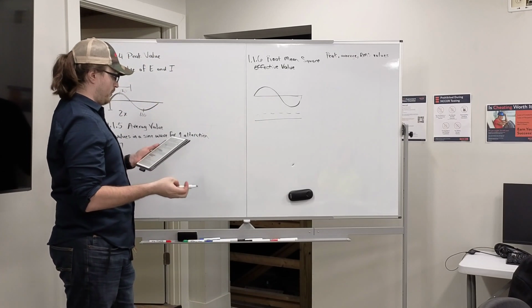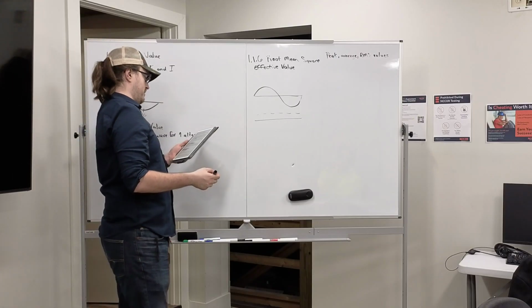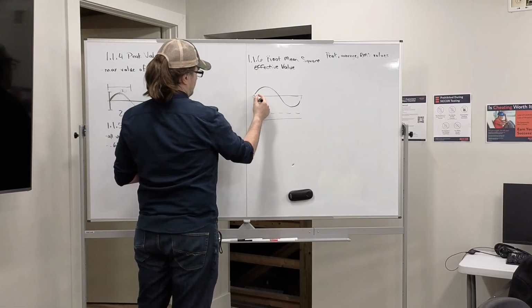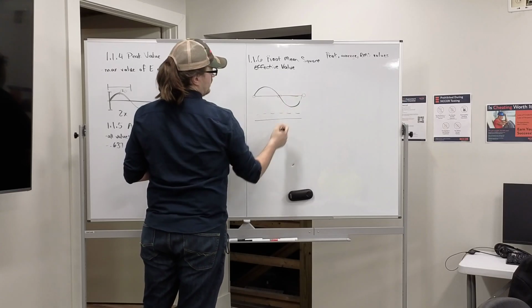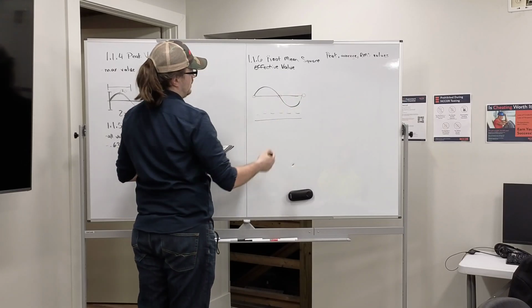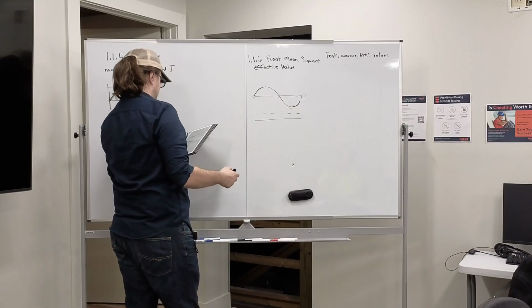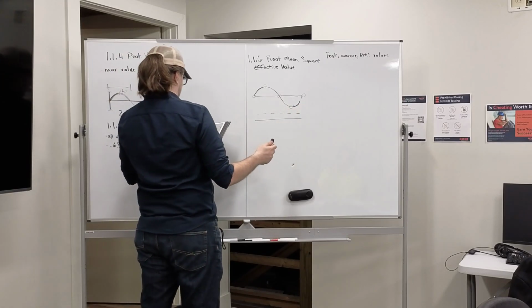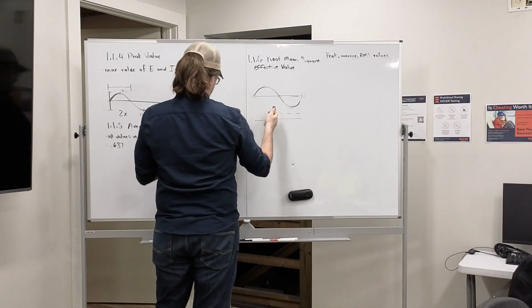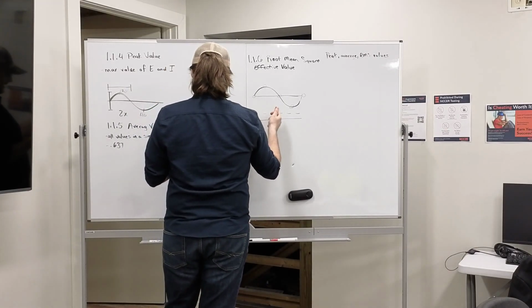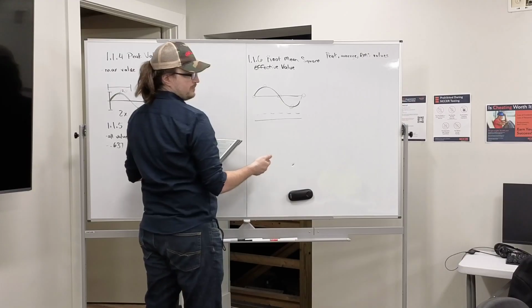AC current is a sine wave with changing values, which include 0, meaning there's no heat here and here. And here and here would be maximum heat. The instantaneous value of AC must be higher at times to have the same heat production.